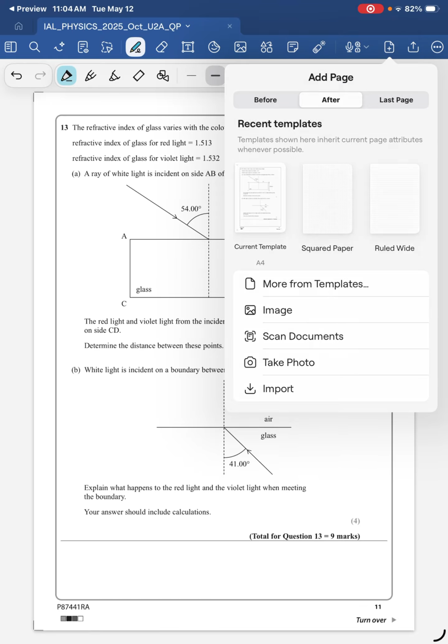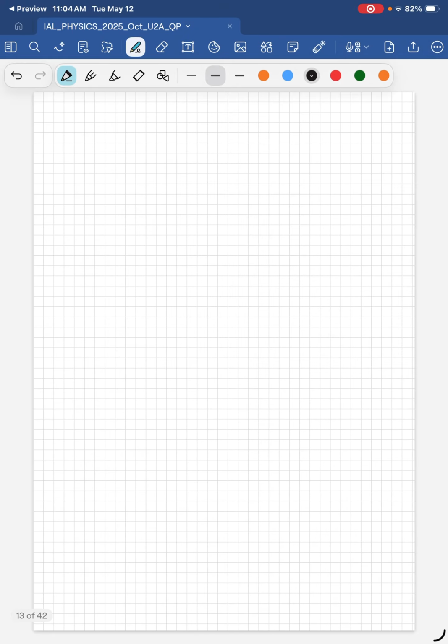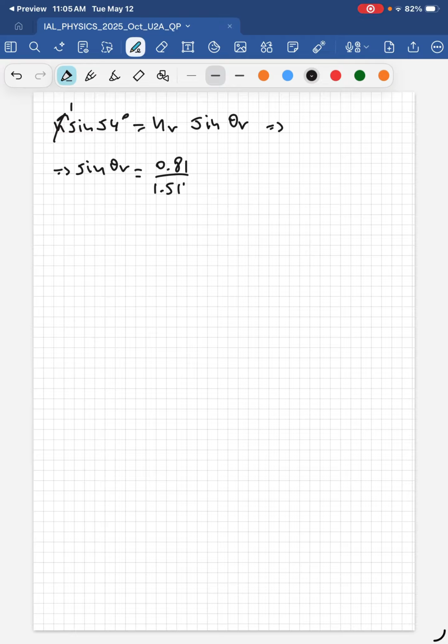Okay, so let's do some math. So let's use a clean page. So n sine 54 degrees is going to be equal to the index of refraction of red light times sine of the angle for the red light. So sine of theta r is 0.81 over 1.513.